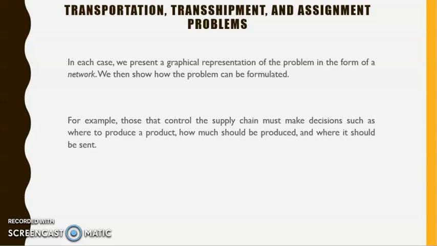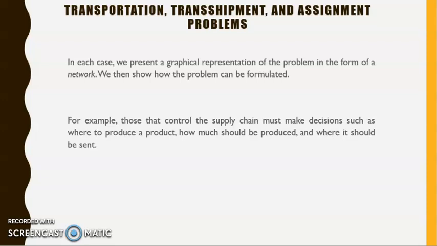In all these network models, we can categorize them in 3 categories. One category is called transportation, which this session we are covering. Another category is transshipment. The other one is the assignment problem. And also we have some other network models that are combinations of these things.